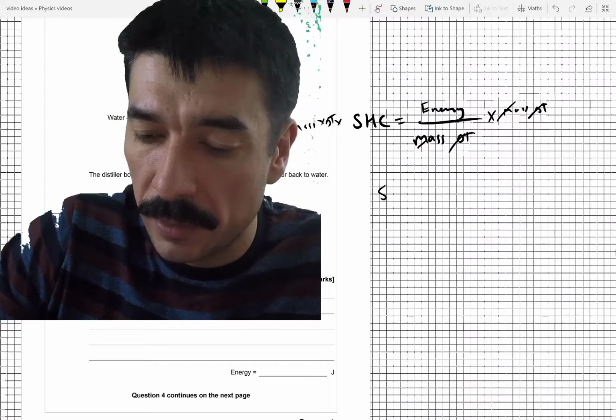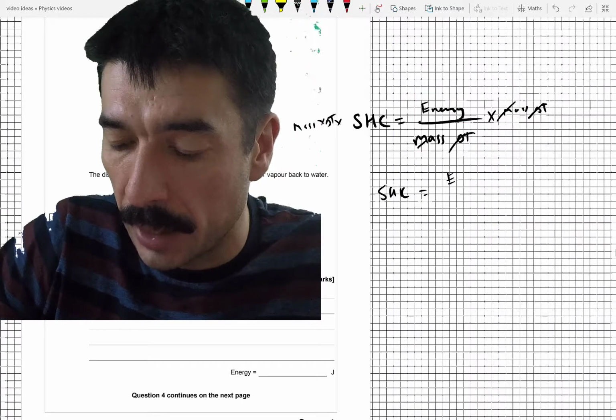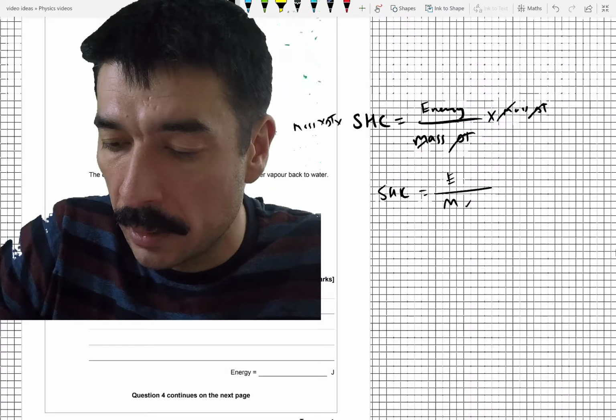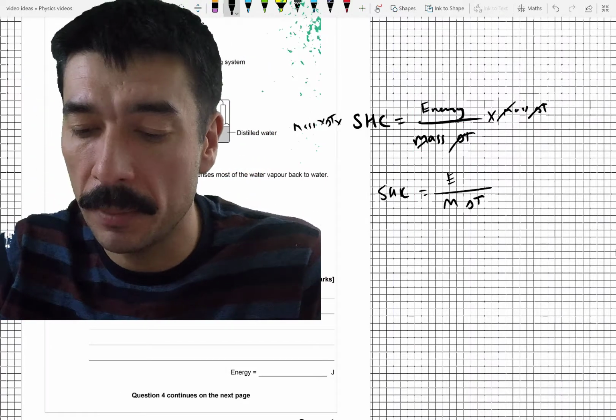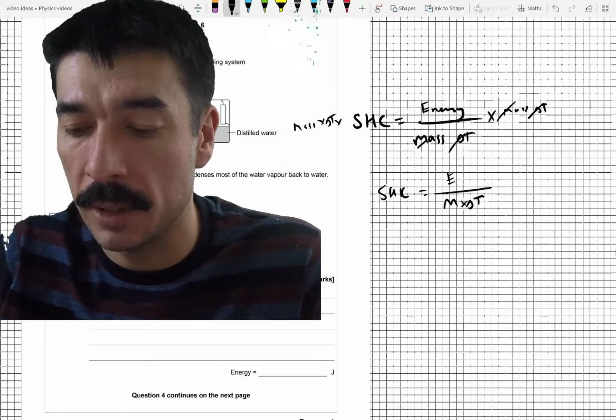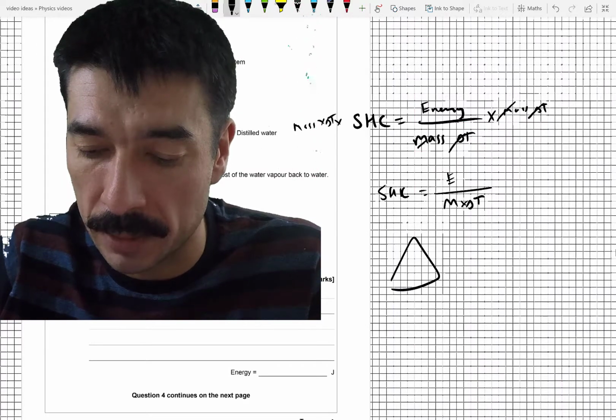If you're not confident with rearranging an equation like that, then you can try putting it into a formula triangle. This is a bit of a funny one, but the multiplication here means you can treat these like one term. So stick it in the triangle, put energy on top because it's on top of the equation.